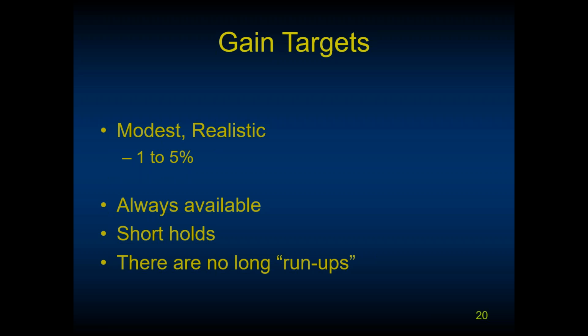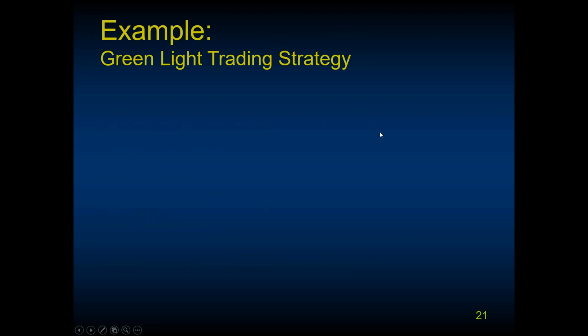You don't get into fantasy trading or trophy trading, waiting for the 150% winner. And the fact is that there are really very few long run-ups anymore. They just don't exist in this market, especially the market that we've seen for the last year, which has been incredibly range-bound.